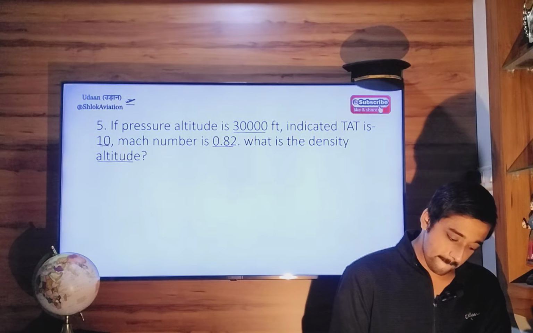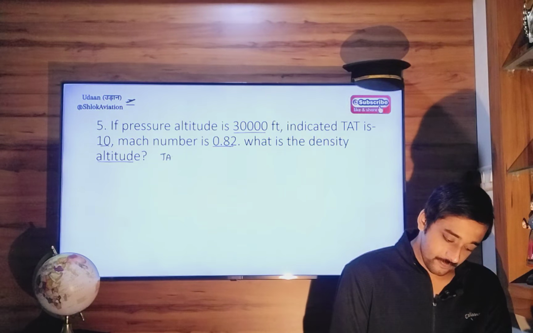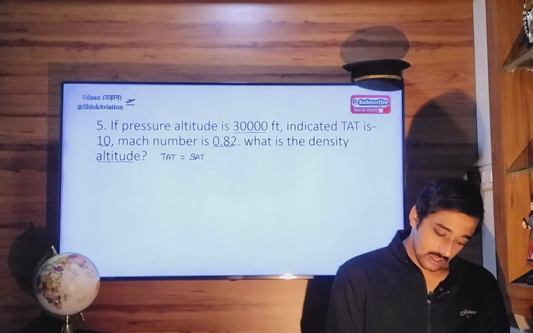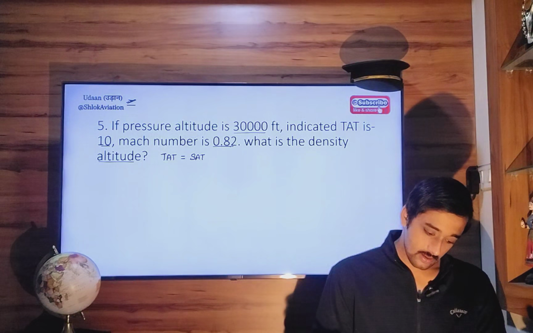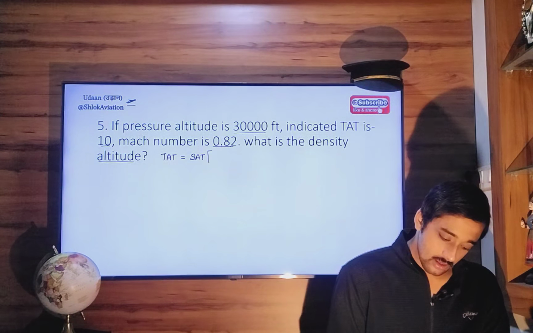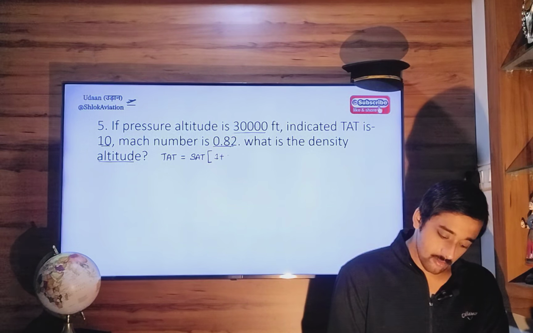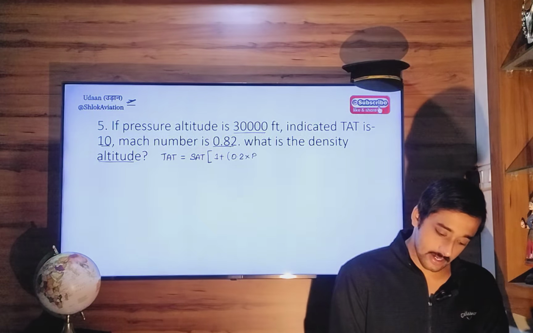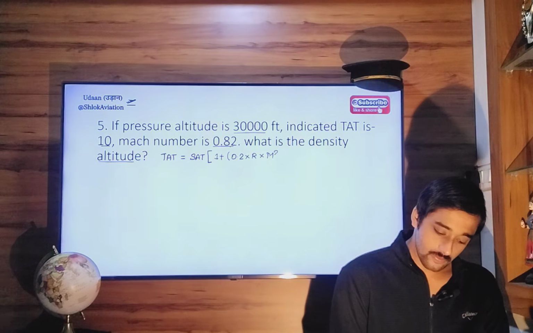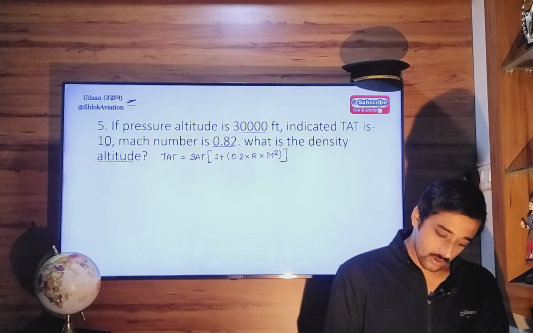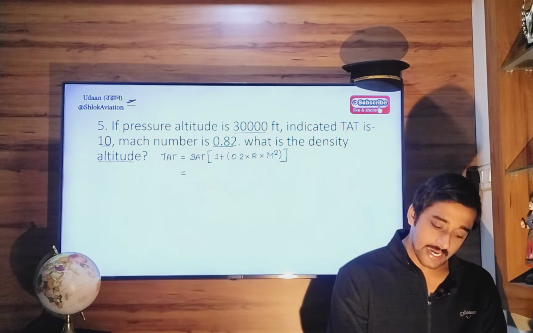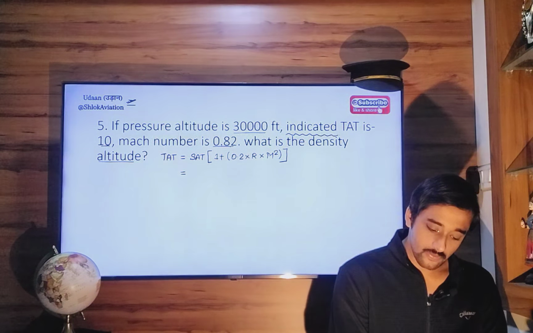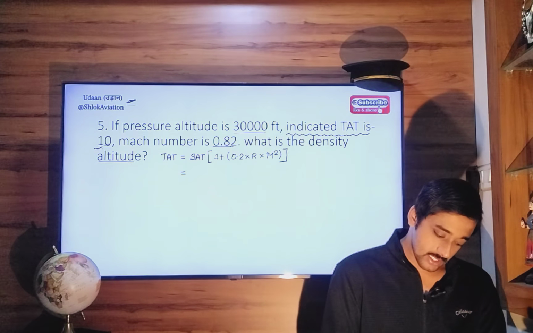Okay, so total air temperature equals static air temperature, right, times 1 plus 0.2 into recovery factor into Mach square. So this is your indicated total air temperature, minus 10.